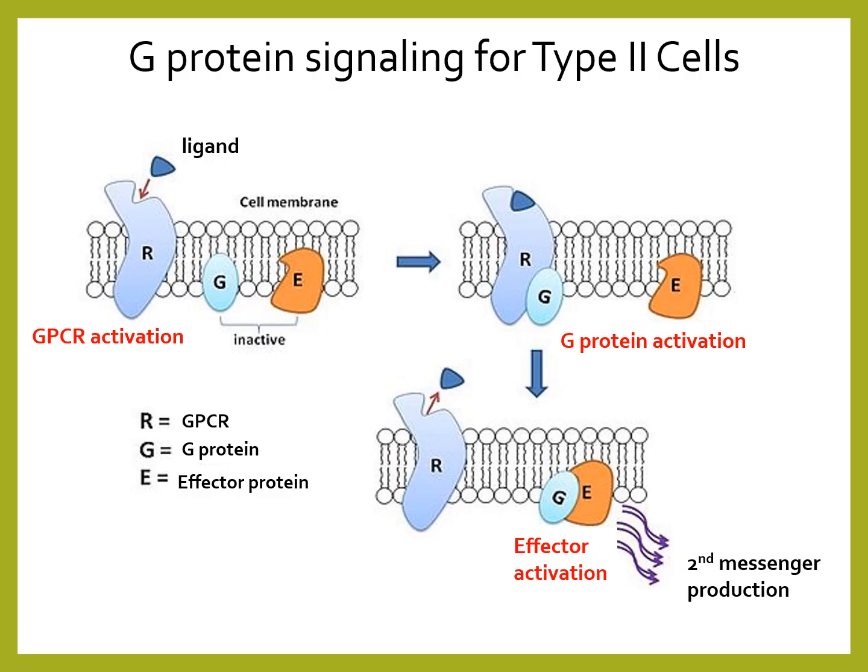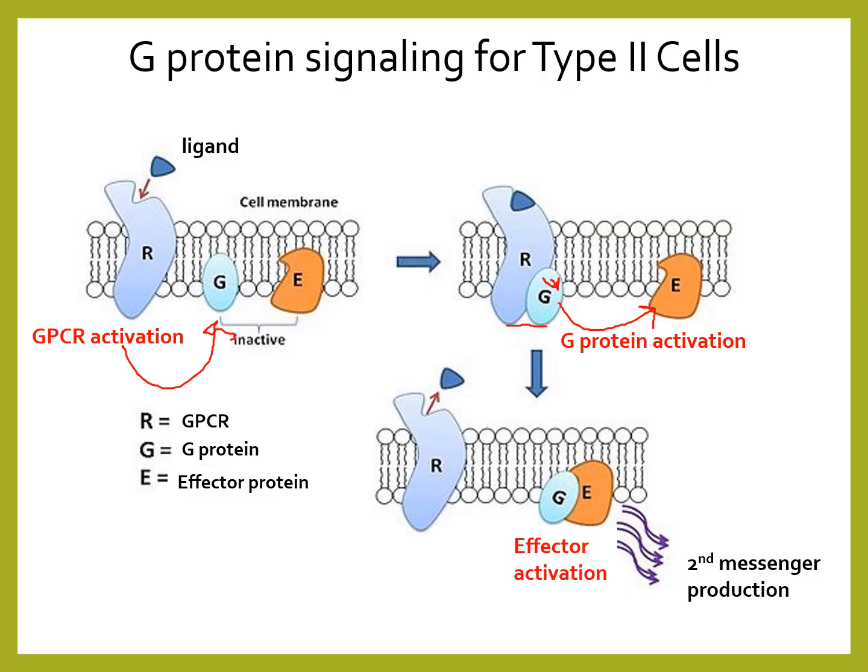Here's our ligand. This would be a tastant. This would be your sweet, salty, bitter, or umami tastants. It's going to bind the G protein coupled receptor. This is going to turn on the G protein coupled receptor, and that's going to activate the nearby G protein. See how they physically interact with one another? This is going to turn on the G protein. The G protein is then going to physically bind and activate the effector.